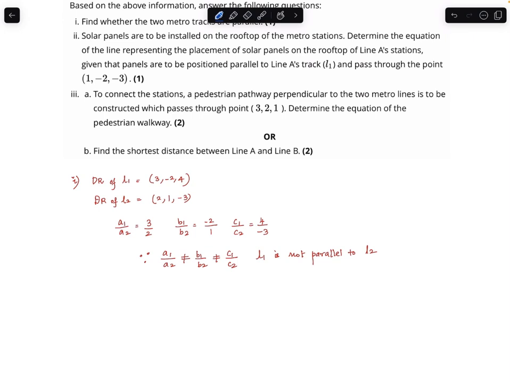Question 2. Solar panels are to be installed on the rooftop of the metro stations. Determine the equation of the line representing the placement of solar panels on the rooftop of line A's station, given that panels are to be positioned parallel to line A's track L1 and pass through the point (1, minus 2, minus 3).